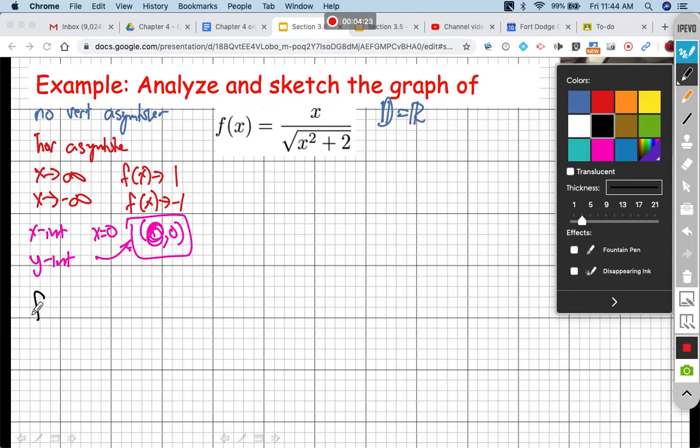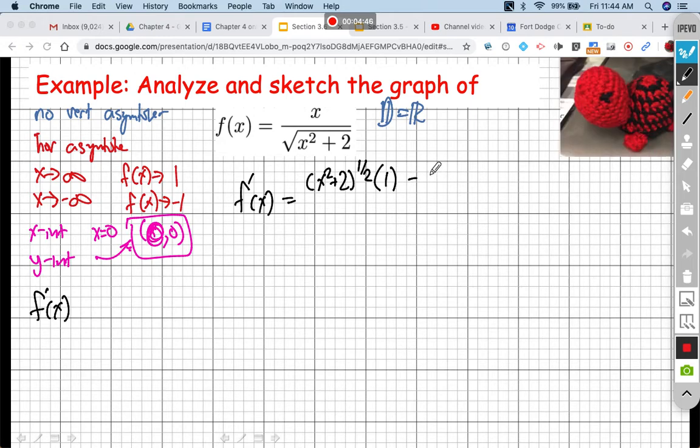Now let's come down to our first derivative. Again, I've got my lovely quotient rule here. F prime of x is going to be x squared plus 2 to the 1/2 times the derivative of x, minus x times the derivative of that, so that's going to be 1/2 times x squared plus 2 to the negative 1/2 times the derivative of x squared plus 2, which is 2x.